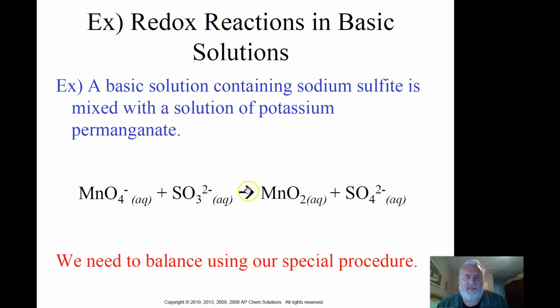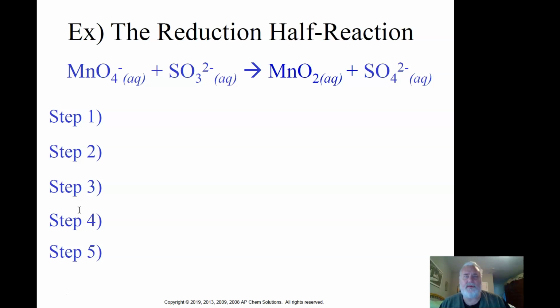The sulfite becomes sulfate. So that is the same. Now we need to balance this using our special and quite intense method, because it's virtually impossible to balance as is, and you won't get the right answer even if you could figure it out by trial and error.